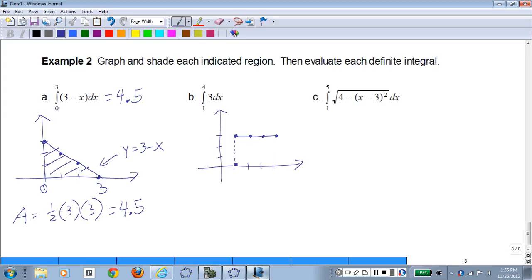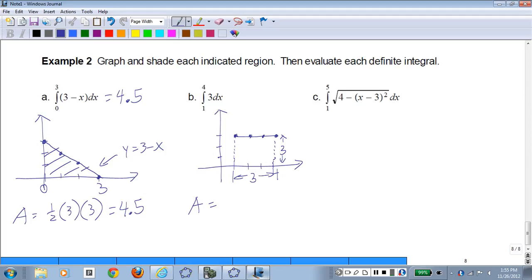And if we go like this, it is a square. The base is 3. The height is 3. The base, yeah, it's 3, from 1 to 4.